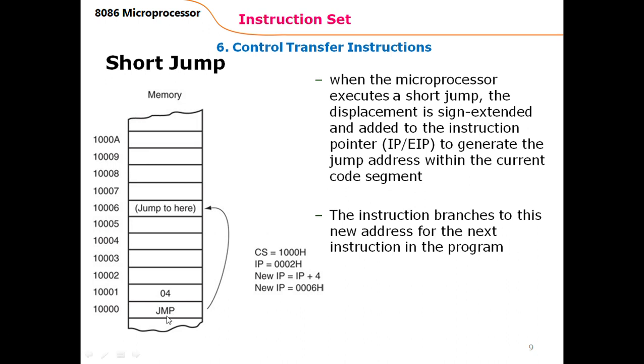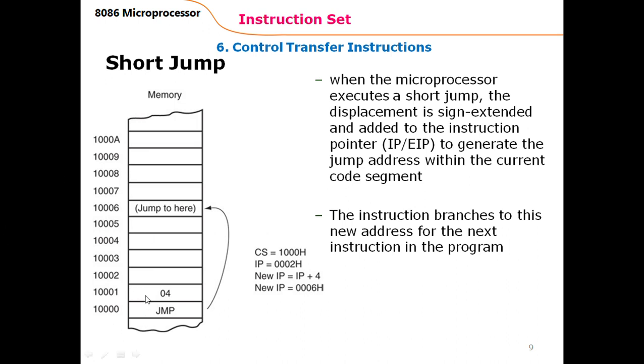This JMP is the mnemonic of the jump instruction, but in the actual memory, EB, the opcode of the short jump, would be stored, and this opcode is followed by an 8-bit displacement. In this case, it is +4. So this +4 and the opcode of the instruction are stored in these two memory locations.